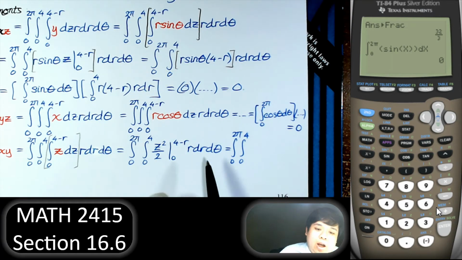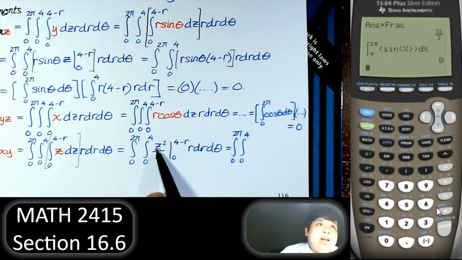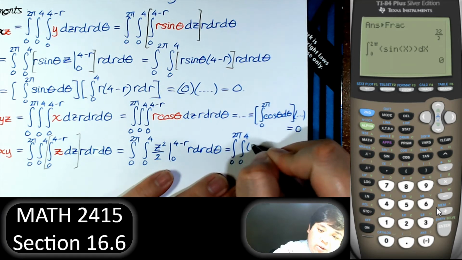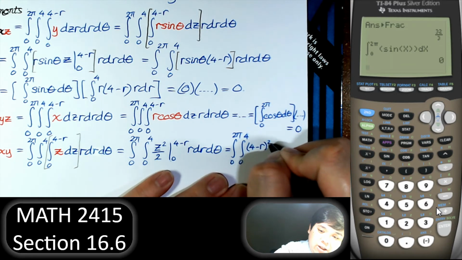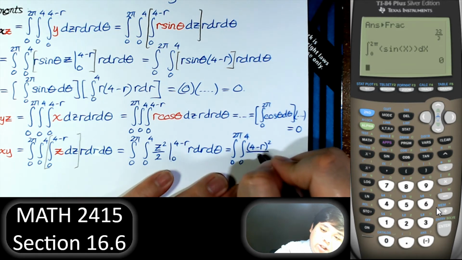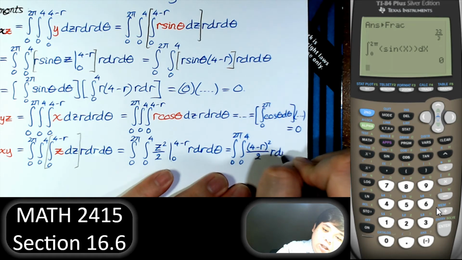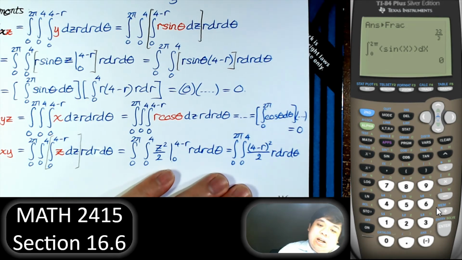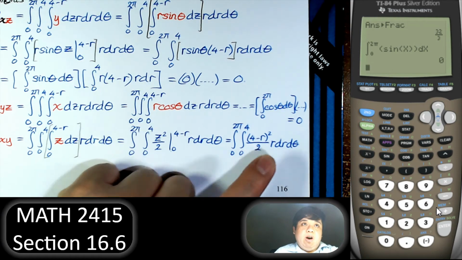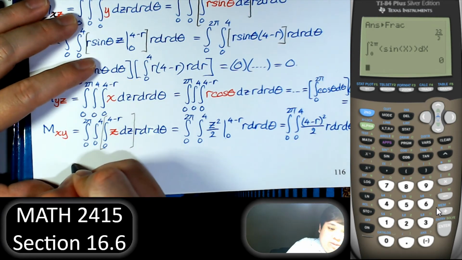Put in 4 minus r here, we have something. Put in 0, we have nothing. So we have (4 minus r) squared over 2 r dr d theta. Constant limits, separable function, definitely good for Fubini's theorem.